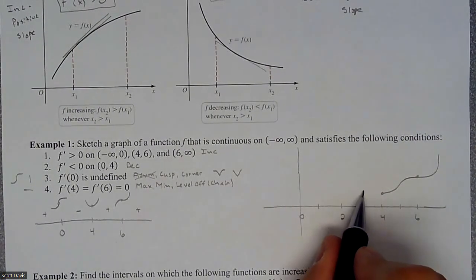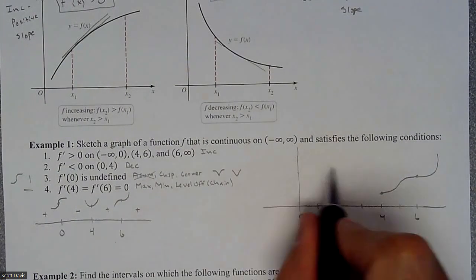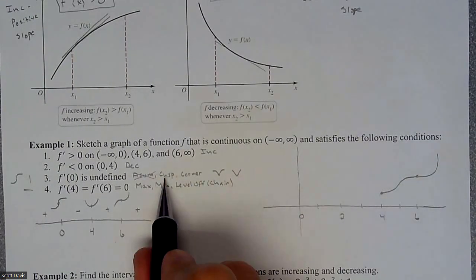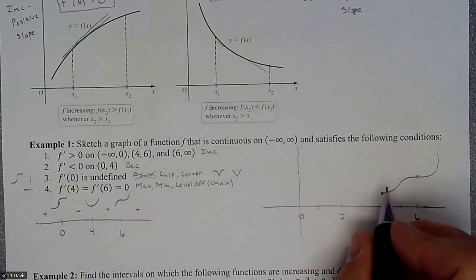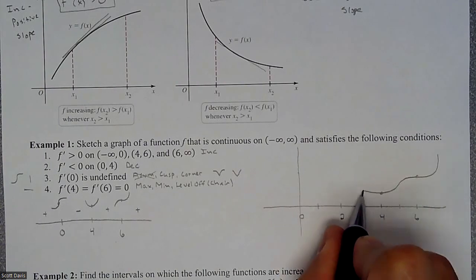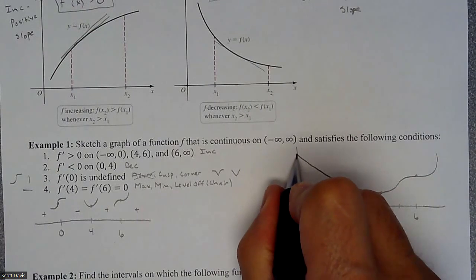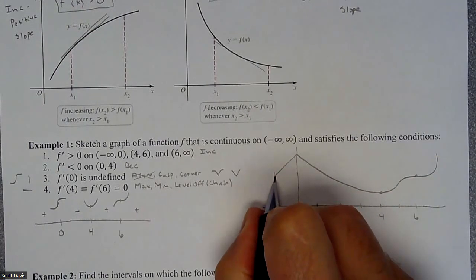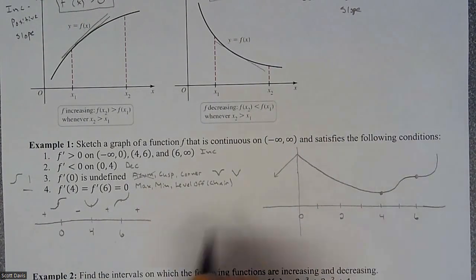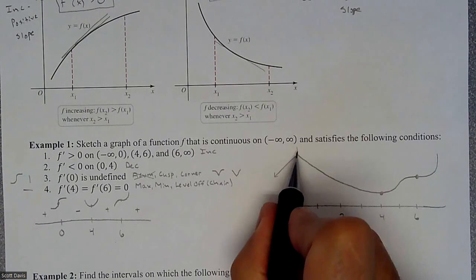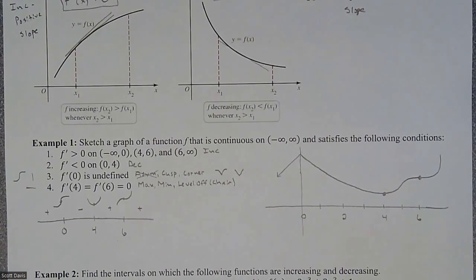Then we're going to go back up. And then at 0, we're going to try to hit some sort of a cusp, a corner, or a vertical slope. We can make it whatever we want. We don't have any more information, so we'll just say it does something like this. So we have our minimum, we have our chair, and we have some sort of an undefined slope, which could mean a couple different things, but we don't have enough information to go any further than that.